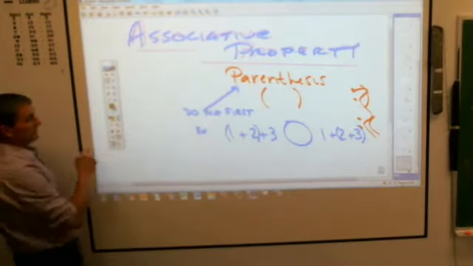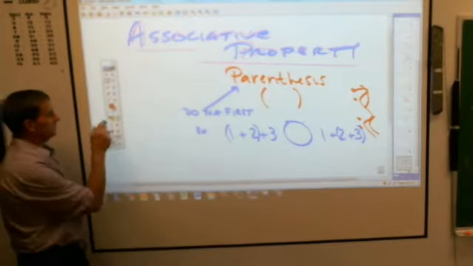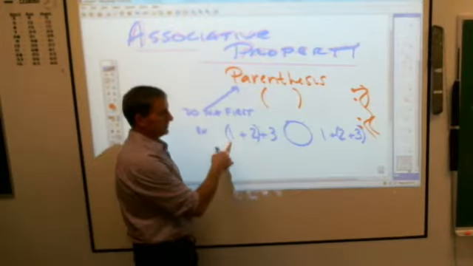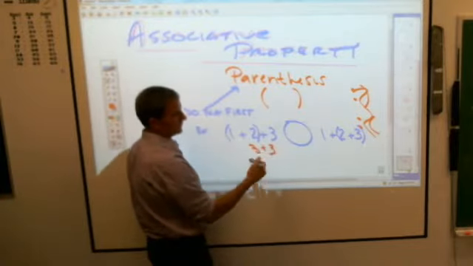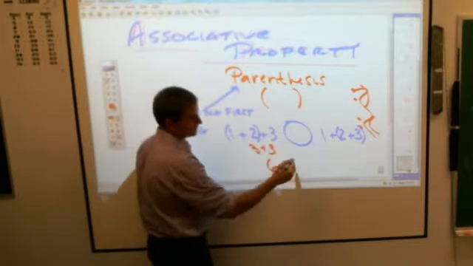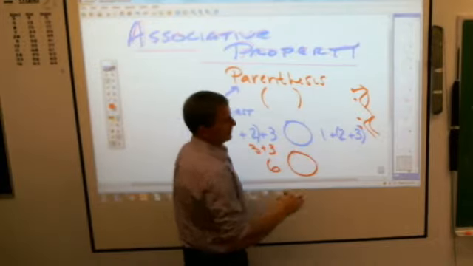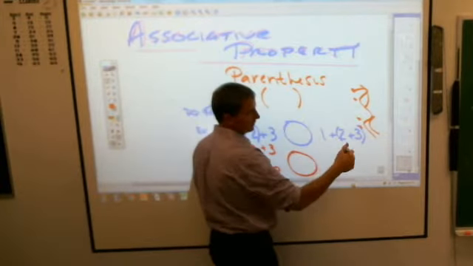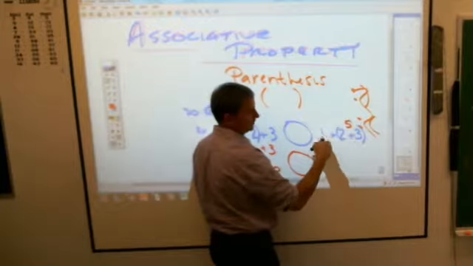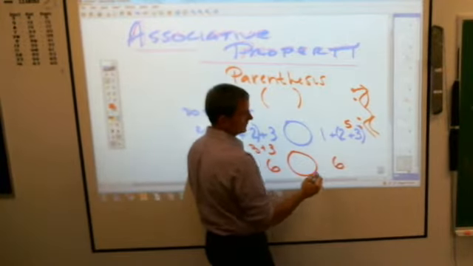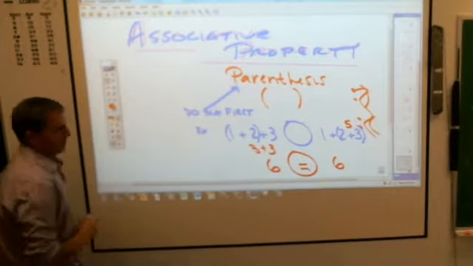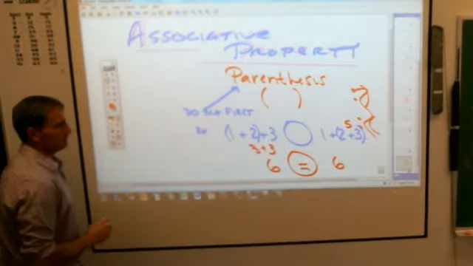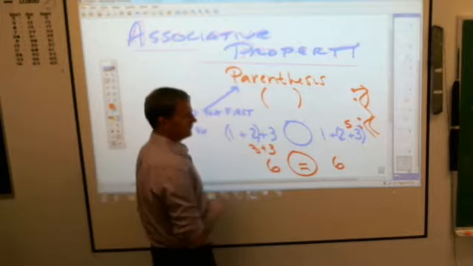The parenthesis says I have to do that first, which means, in this case, I add 1 plus 2, which is 3, and then I add 3 and 3 together. My answer to this is 6. In this case, I add 2 plus 3 together and get 5, and 1 plus 5 is 6. Okay? How about that? Look, I got the same answer even though I did something first.